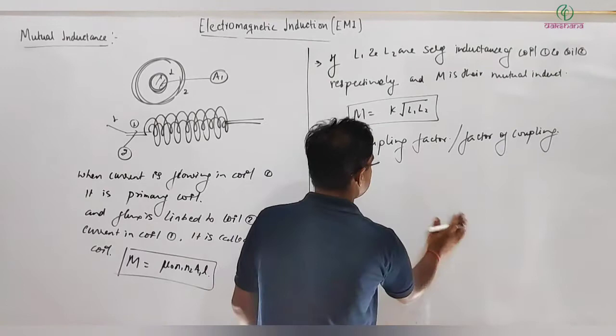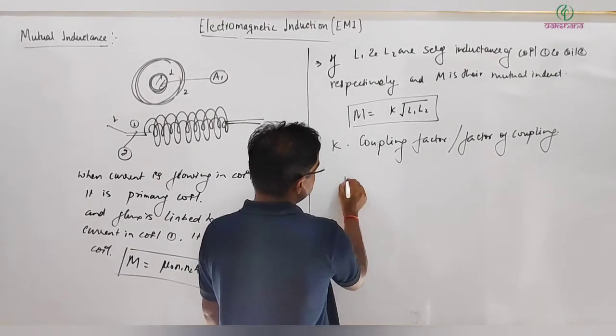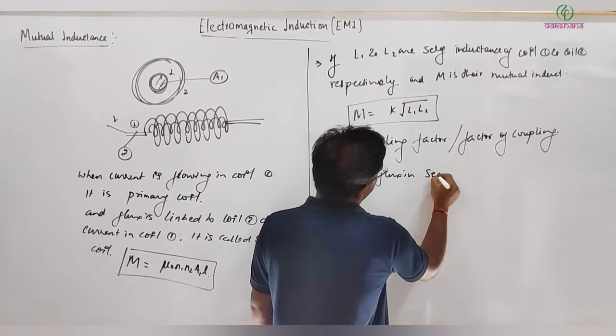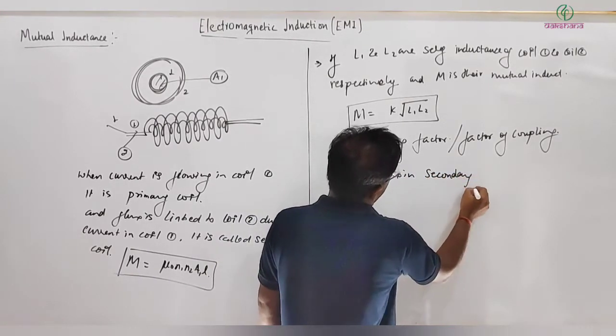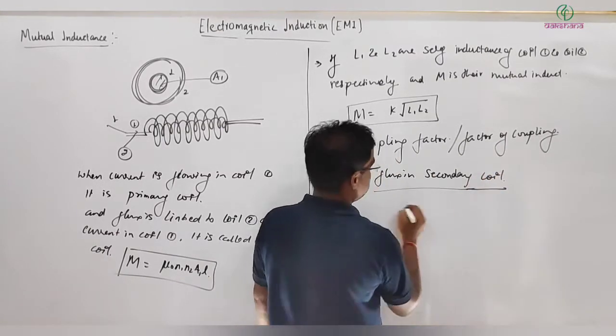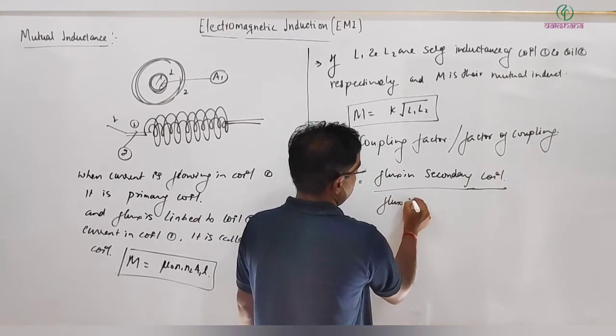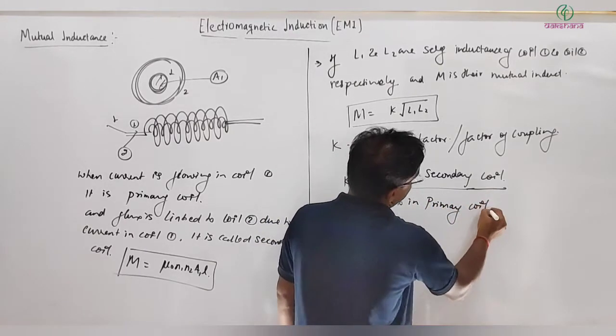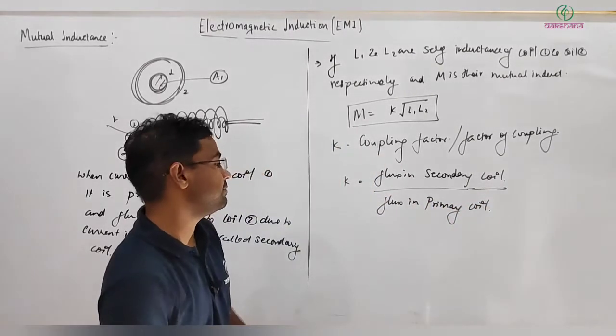Here K is defined as the flux in the secondary coil divided by the flux in the primary coil. This is termed K, the coupling factor.